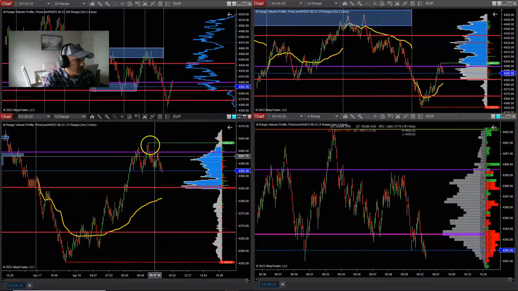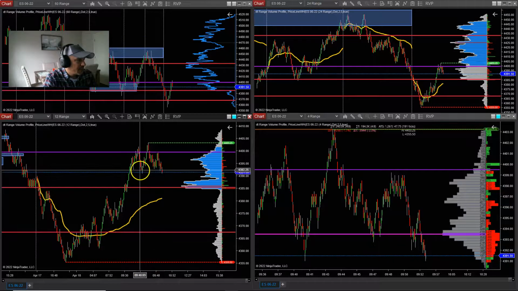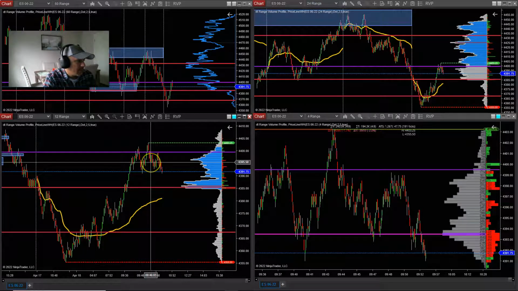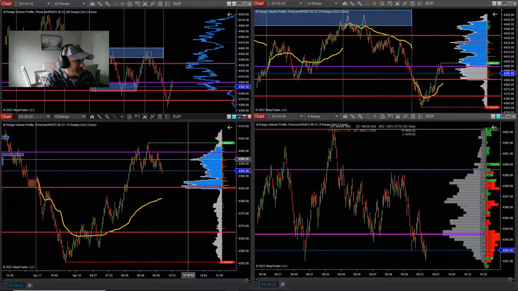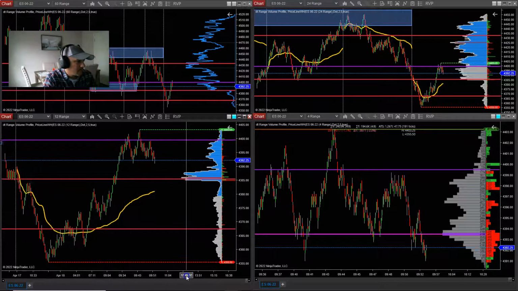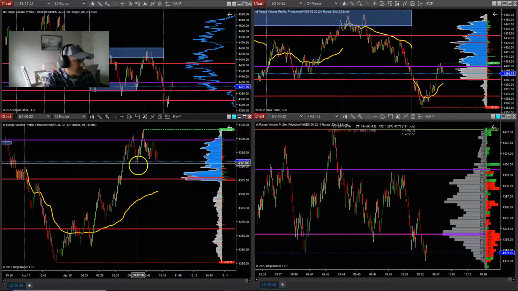So price could push down, break this area here, and then we could look for a pullback up to around 43.97. But I want to see price break this low here first.